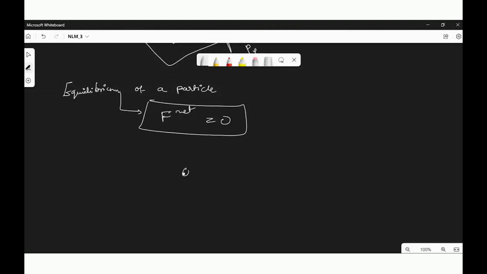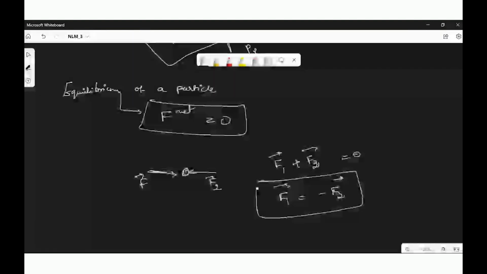If there is a particle with forces F1 and F2, when can it be in equilibrium? In vector form, F1 vector plus F2 vector should be equal to 0, or F1 should be equal to minus F2.